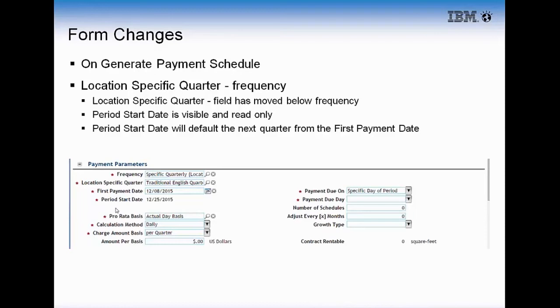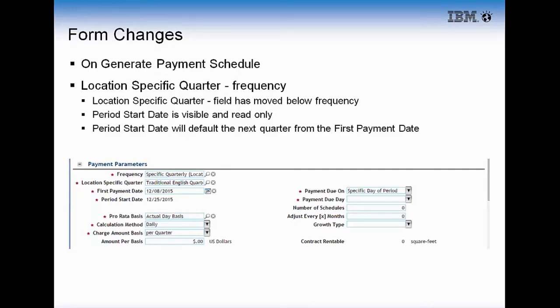We also really needed to have a period start date, so we made that visible and made it read-only, since English quarter and Scottish quarter don't fall on particular three-month quarters.